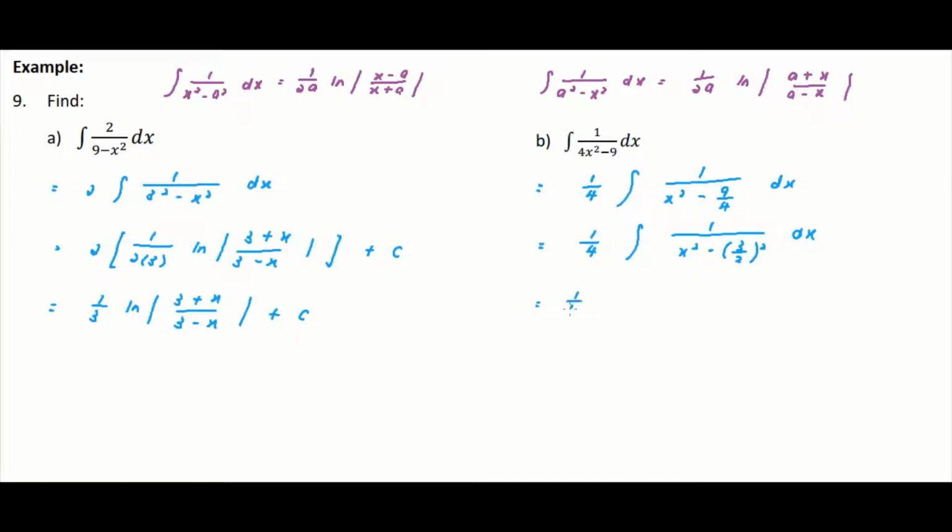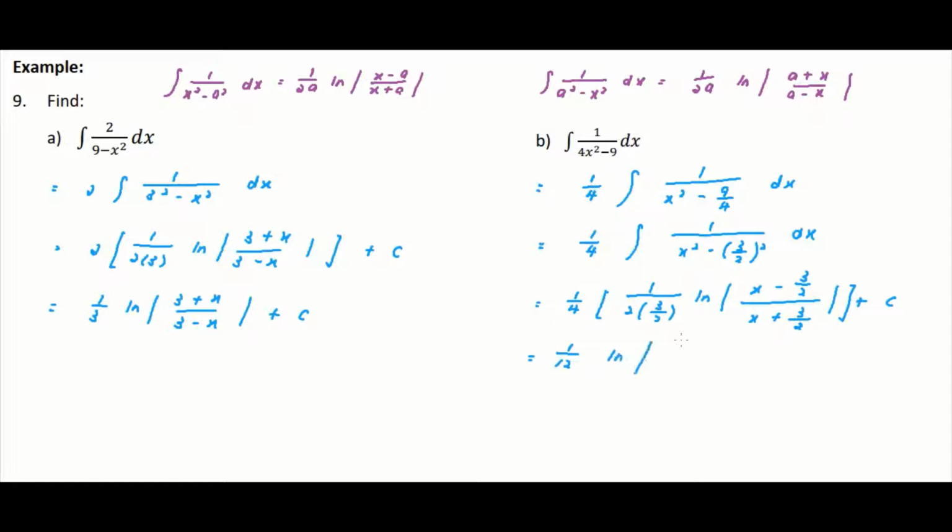So 1 over 4, and then 1 over 2 multiplied by 3 over 2 ln of x minus a, so x minus 3 over 2, over x plus 3 over 2. The next thing we need to do is simplify this part. So 2 times 3 over 2 gives you 3, so 1 over 12, and then ln.